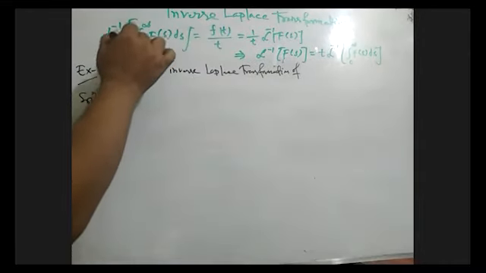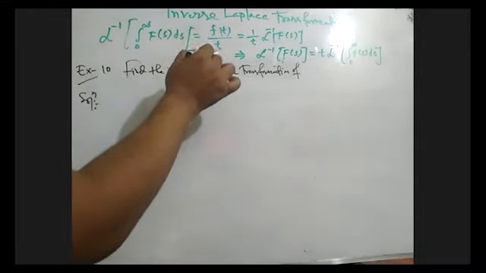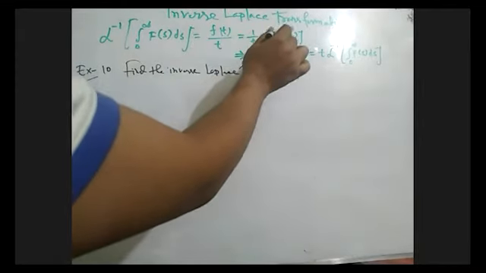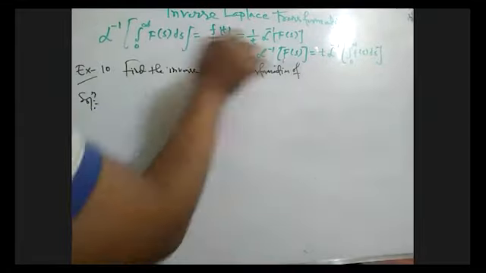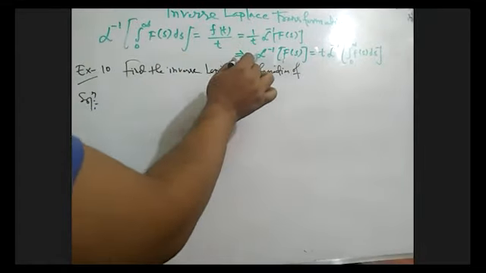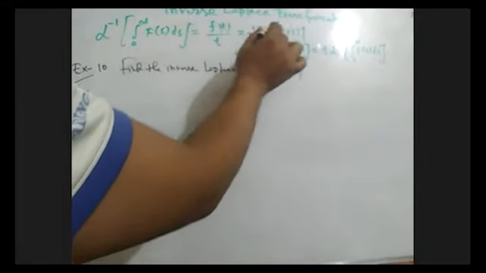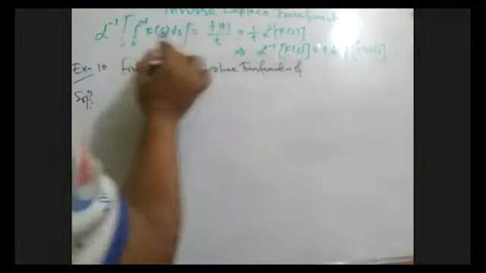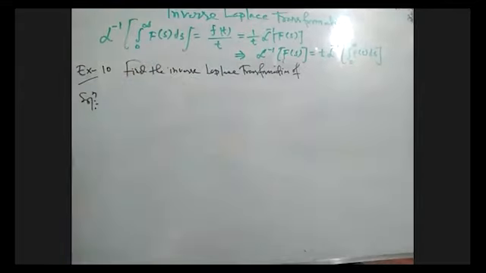This integration from 0 to infinity can be written as f of t by t, equals 1 by t times f of t. This f of t can be written as inverse Laplace transformation of F of s. So the inverse Laplace transformation of the integral from 0 to infinity of F of s ds equals f of t by t. Now we can solve any example by using this inverse Laplace transformation method.